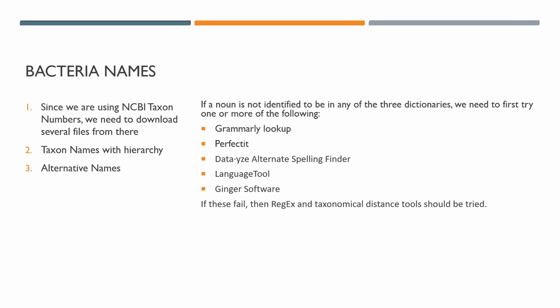If a noun is not identified in any of the three dictionaries, the bacteria, the conditions, and the modifiers, then we'll try to find one or more by looking at a Grammarly lookup, in case it finds it, perfect. Then LanguageTool, a junior software; if they fail, perhaps regex or taxonomical distance tools may be used. For example, one I've frequently come across is that one letter is omitted from a name, in which case, if you use a taxonomy or naming distance tool, then you quickly identify it.